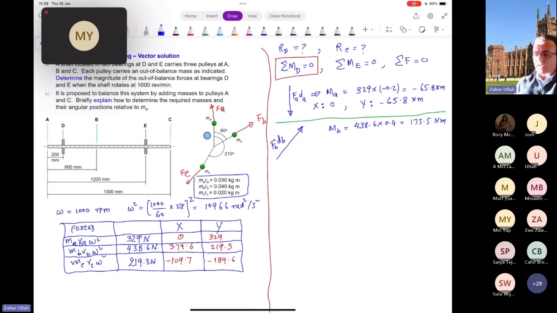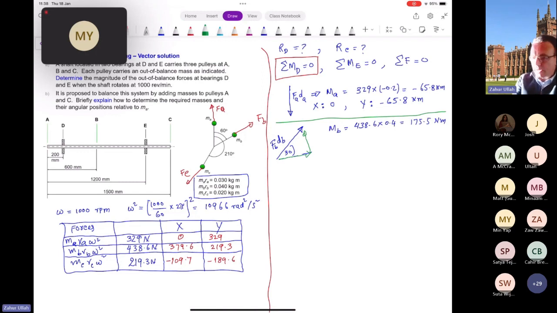As you can see, this angle is 60, so this means that this will make an angle of 30 with the horizontal. So this will be its X component, and this will be its Y component.